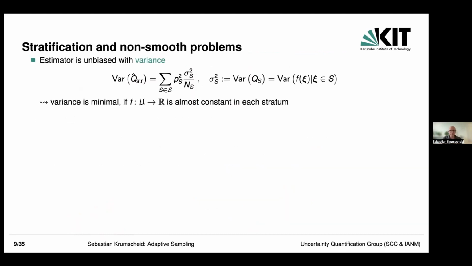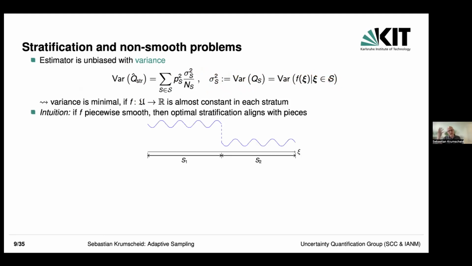Then we can also compute the variance of this estimator. It's given here, a generic formula where sigma_S squared is the variance conditioned in the stratum S, so it's the variance of f constrained to be in S. This variance is certainly minimal if our stratification is such that the function f is almost constant in each stratum. That's the idea.